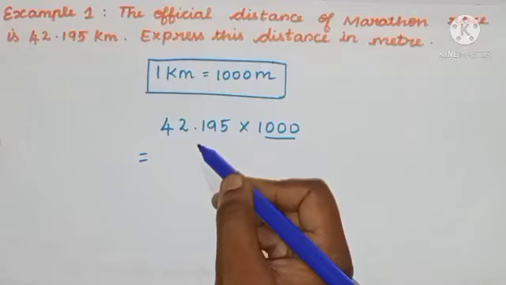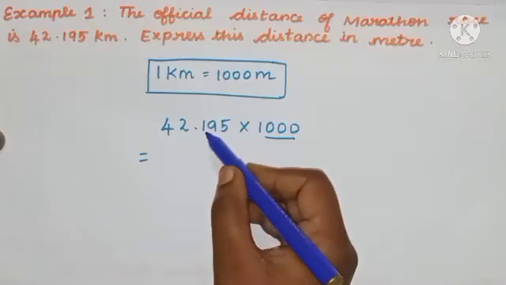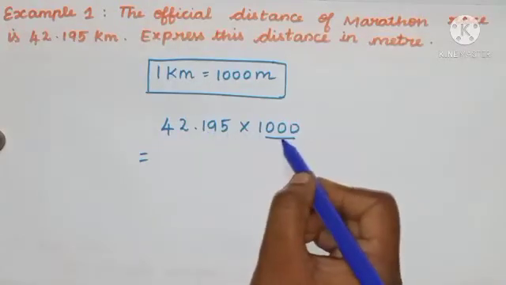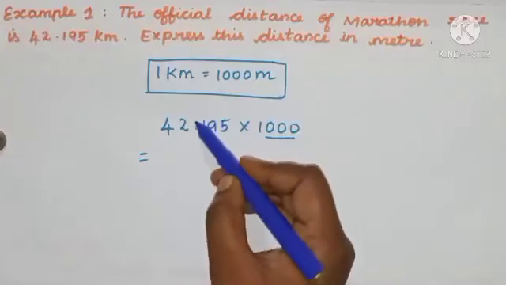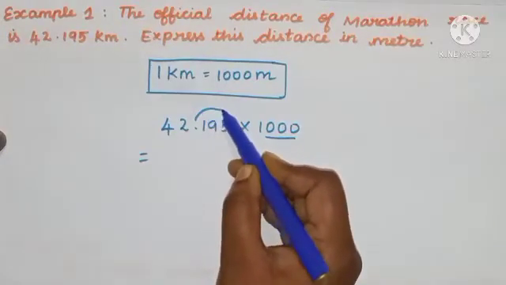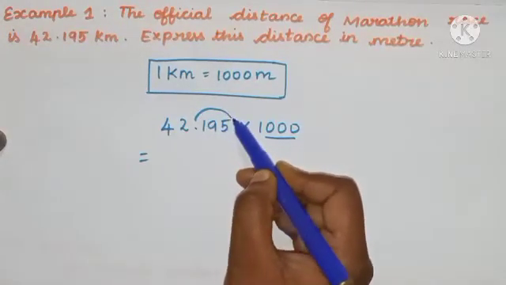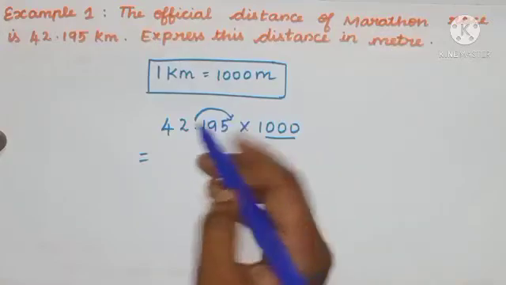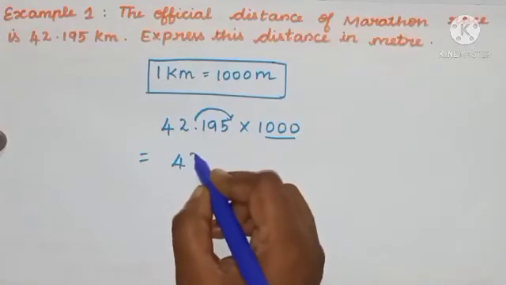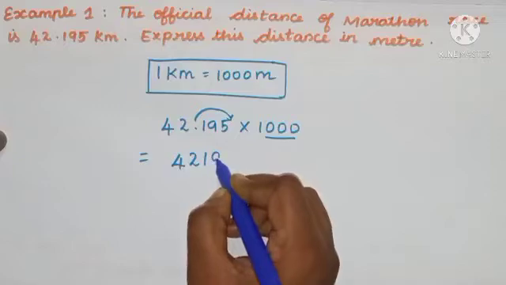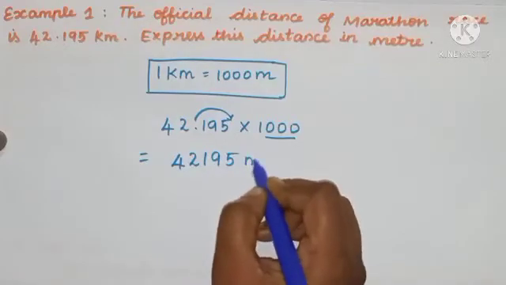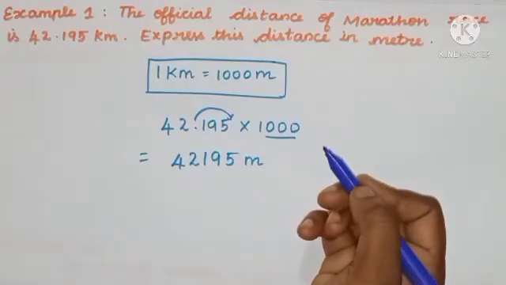So how many places you have to move towards right? 3 places, because here we have 3 zeros. So you have to move the decimal point towards right with 3 places. So your answer will be 42,195 meter. Students, it is clear now.